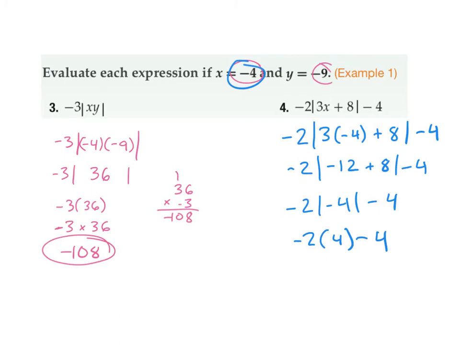What do we need to do next? Multiply. Negative 2 times 4 is negative 8. What's negative 8 minus 4? Negative 12. Awesome. Any questions so far?